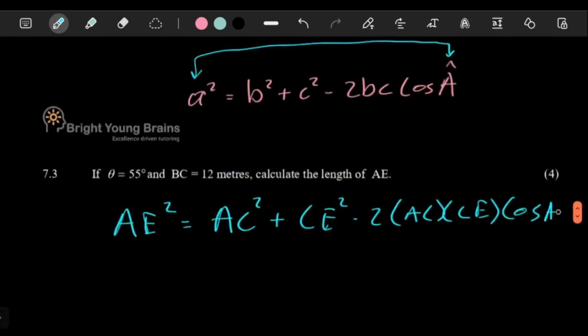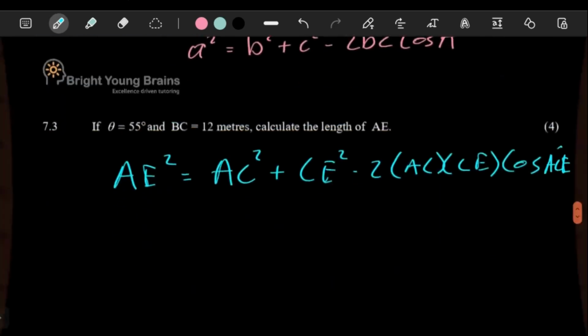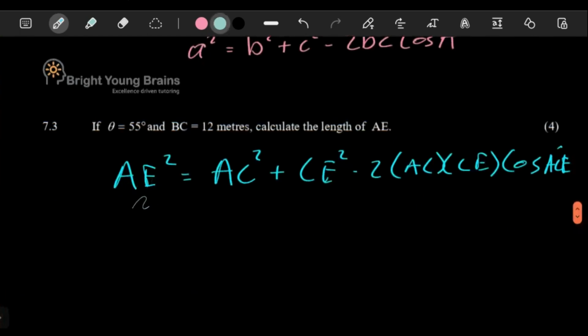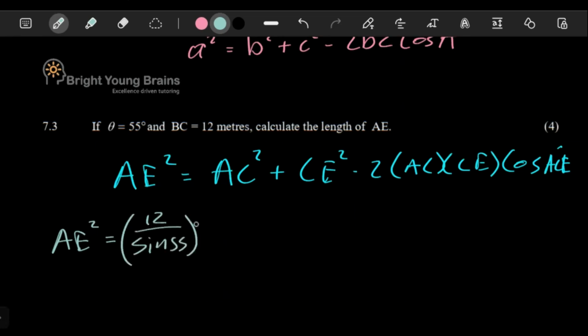Now, if you put in values, AE is what we're looking for. AC, we worked it out to be 12 sine 55. And all this we're just going to put into our calculator. 2x plus 4 was the value of CE, and minus 2.